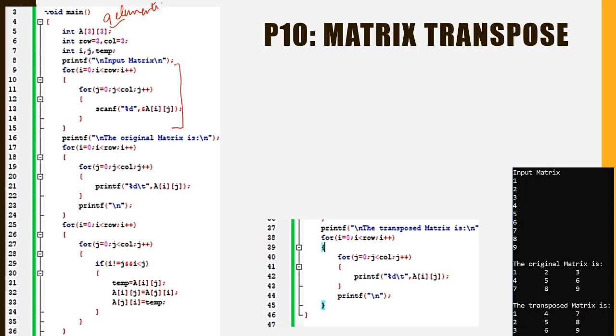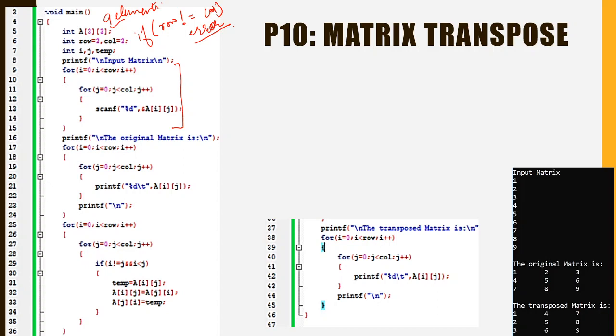Okay, for transposing, you remember that it has to be a square matrix, so that is why the row and column are the same. You can also make a check over here that if row is not equal to column, then you print an error, because it is not a square matrix; you can do that on your own. Okay, so for i equals 0, i less than row, i plus plus.